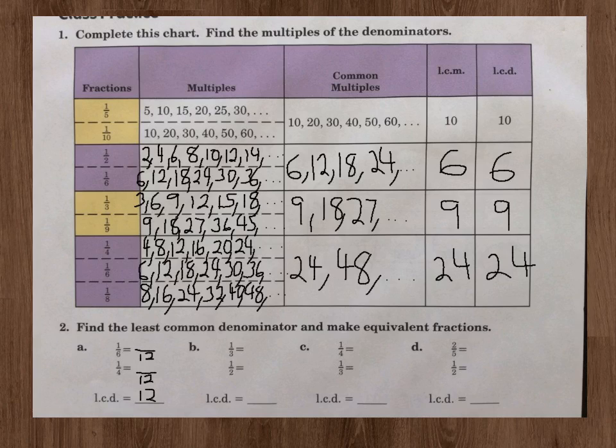Well, 6 times 2 is 12. So then we need to do our top number, 1 times 2. 1 times 2 is 2. Okay, 4 times what equals 12? 4 times 3 is 12. So I'm going to now do 1 times 3. And 1 times 3 is 3.